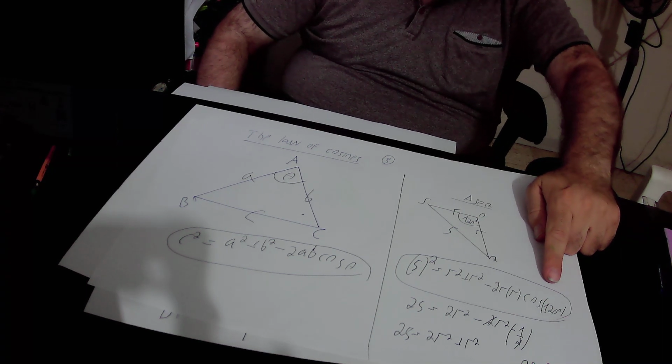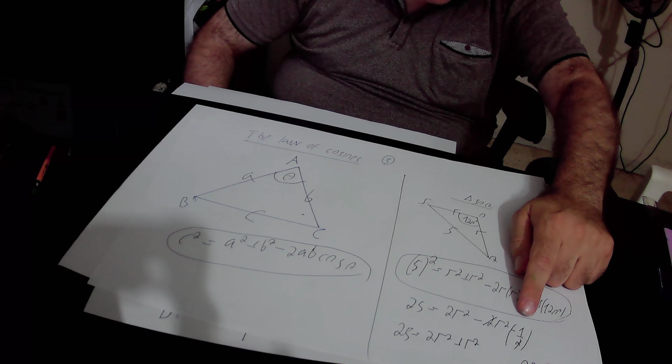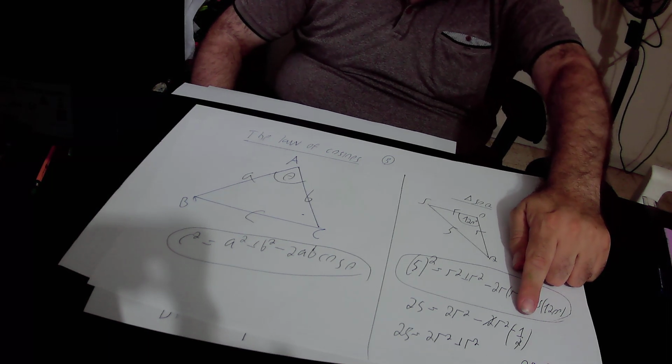So we substitute cosine 120 degrees by minus 1/2.